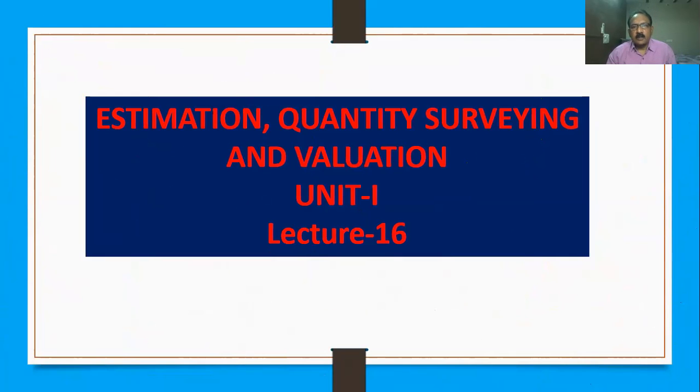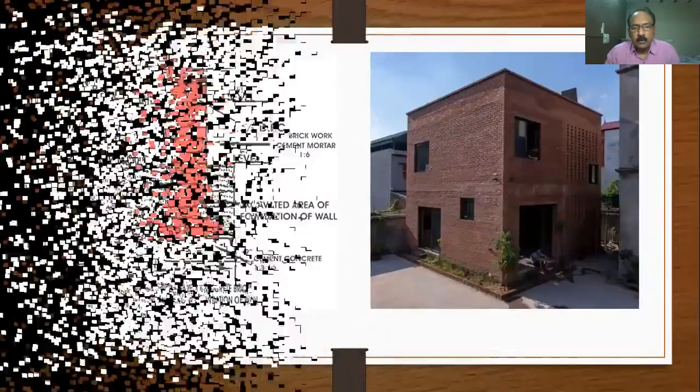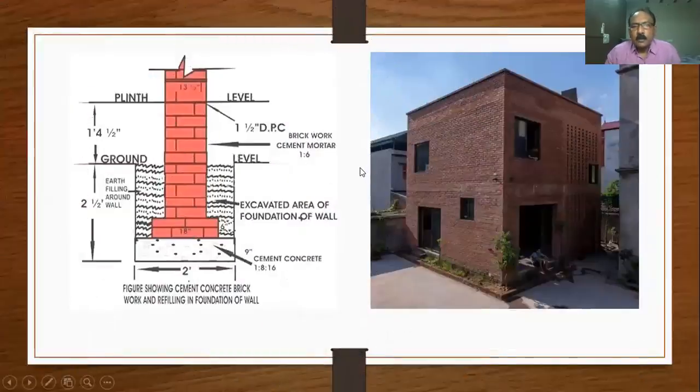In last class, we studied about estimation and typical section of the foundation. In this lecture, we'll see some more topics related to approximate methods. Once again, I'm explaining, this is very important.